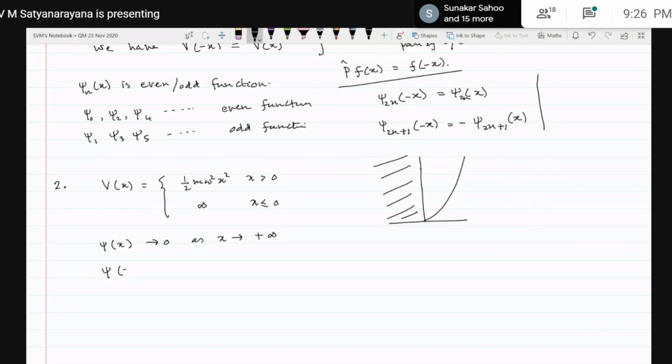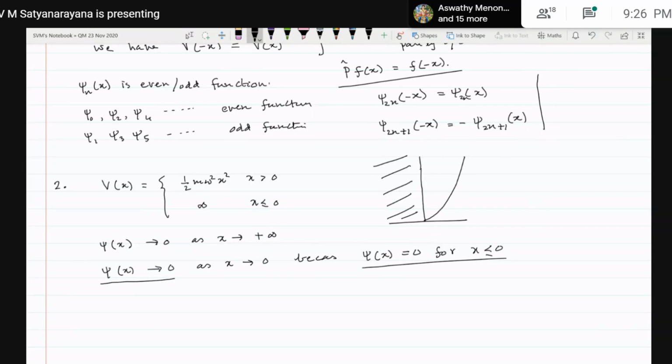The second boundary condition is that psi of x goes to 0 as x goes to 0. This is because psi of x is equal to 0 for x less than or equal to 0. Because the potential is infinity, the particle cannot enter that region, and the wave function has to be continuous, hence psi of x has to go to 0 as x goes to 0.